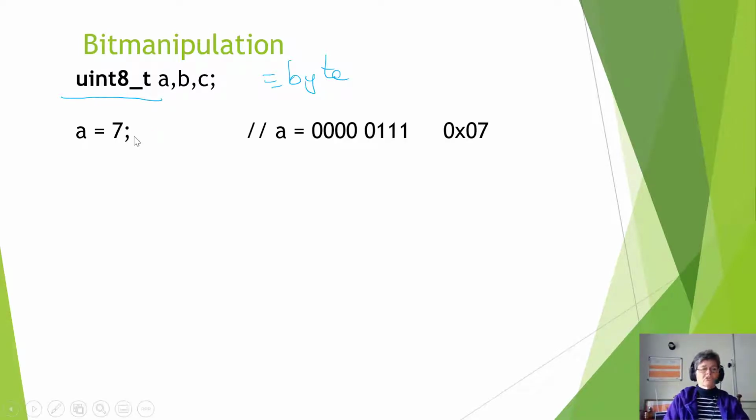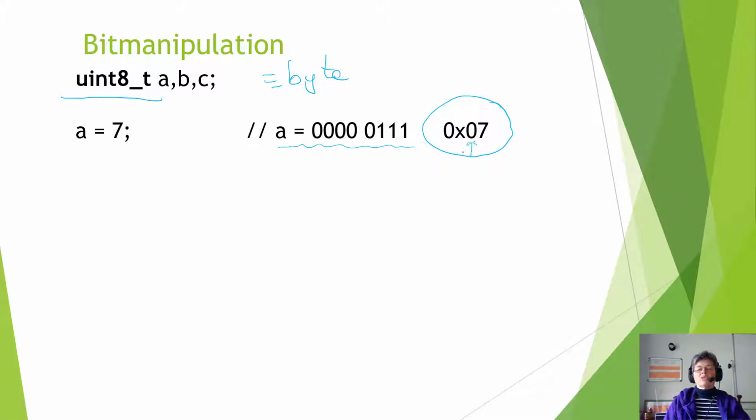Then we can just give them values, and in a bit manipulation assignment we hardly ever use the decimal notation, like this one, A becomes 7. A binary notation is very difficult to keep correct, to avoid errors with all those zeros and ones. So normally we will use a hexadecimal notation. 0x stands for: this next number is going to be interpreted as a hexadecimal one.